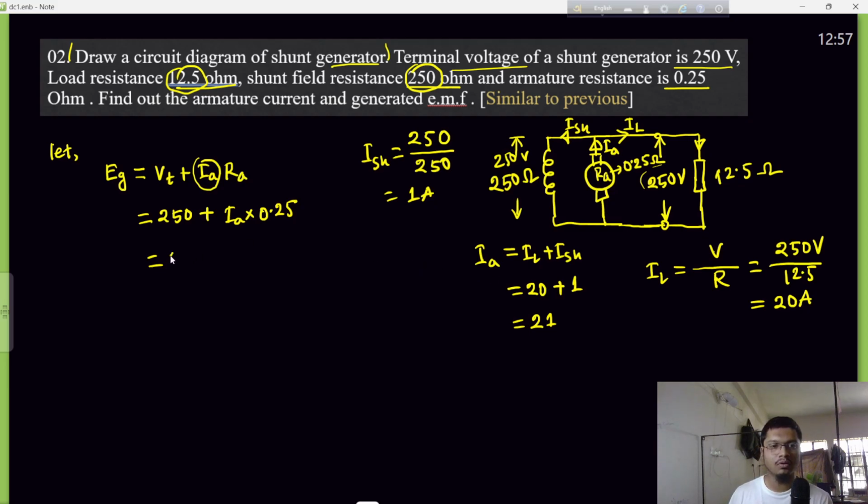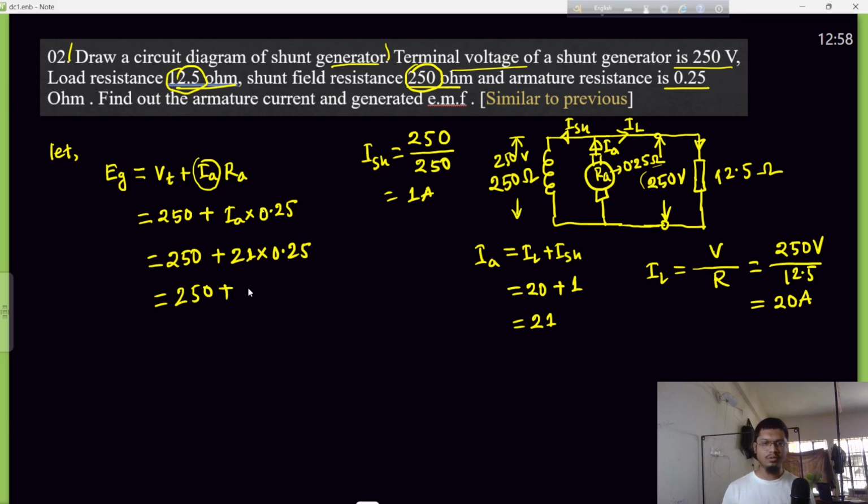Now terminal voltage 250. Now get back to the EG equation. IA equals 21, so EG equals 250 plus 21 into 0.25.